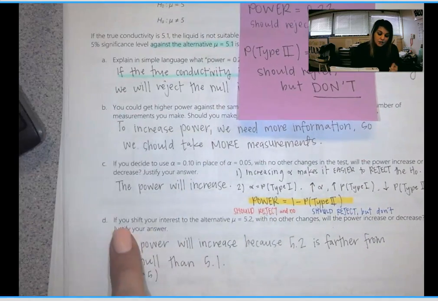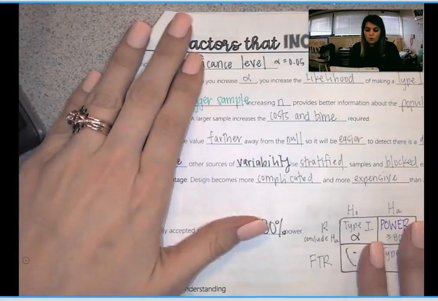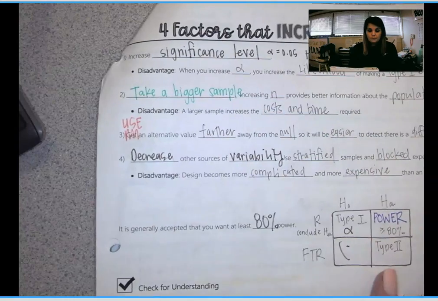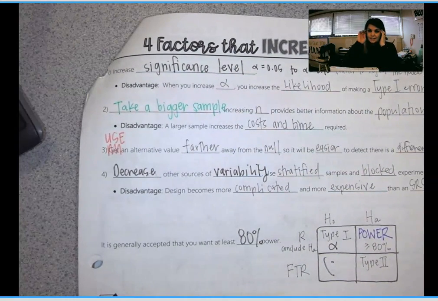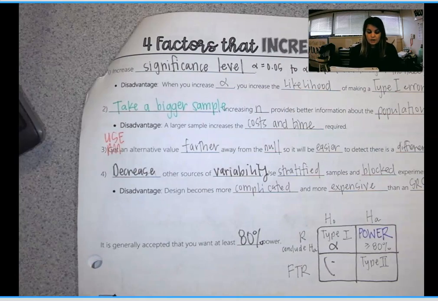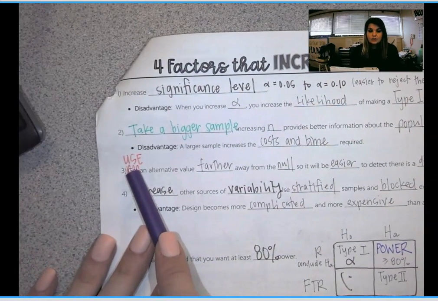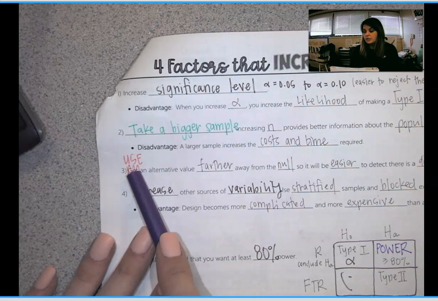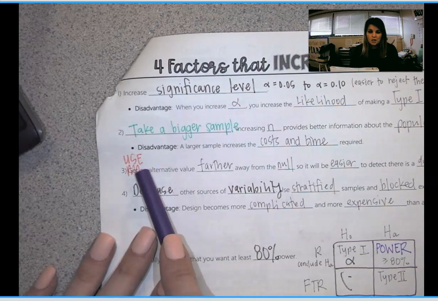Now the last one is related to the 4 ways to increase power. And in class, I can't remember if I said this on the session that I actually recorded, but I could not understand what in the world they were trying to say for 3.